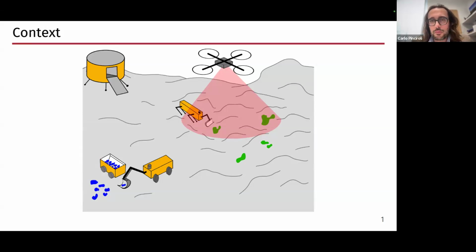Here you see in this picture robots that can fly, robots that can walk on uneven terrain and also collect some interesting resource, other robots that can move with wheels and also have the ability to collect resources. And then you have robots dedicated to just having resources dumped into them and then bringing them to a central location.